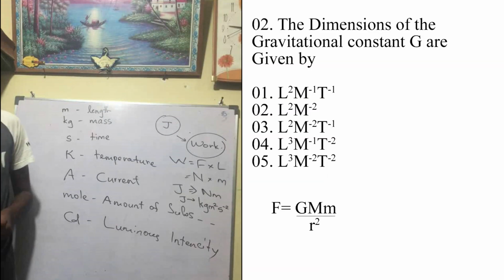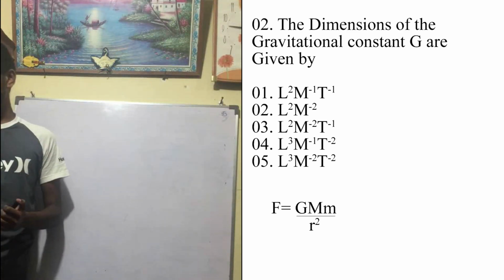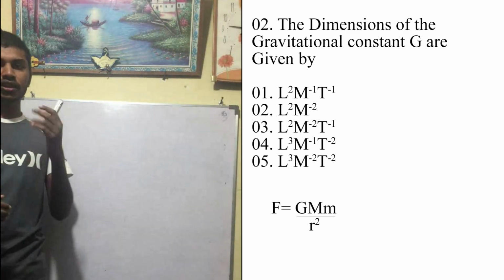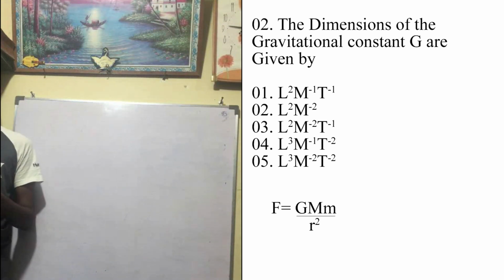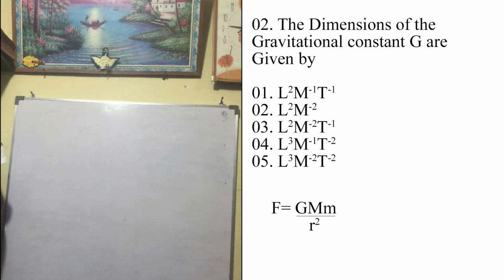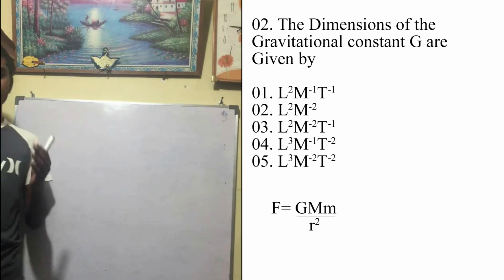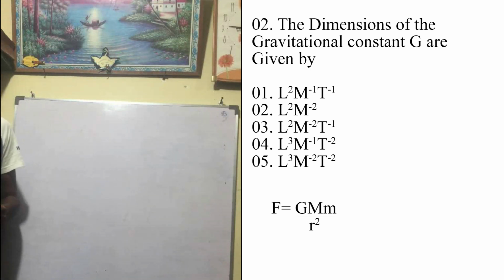And the next question, the dimensions of the gravitational constant G are given by. When you get this kind of question, first you have to utilize the equation that you know. A well-known equation that contains G is the equation for the force in a gravitational field.